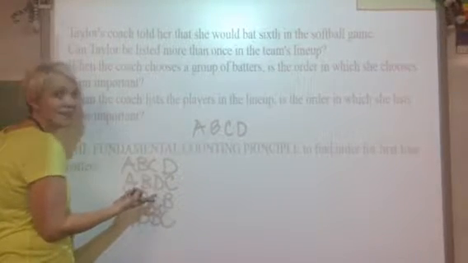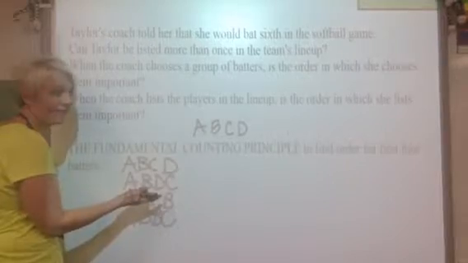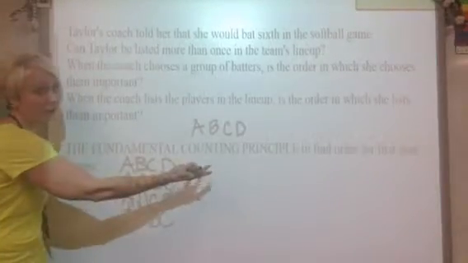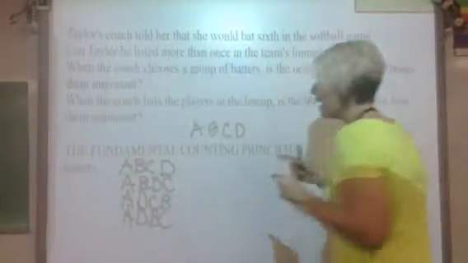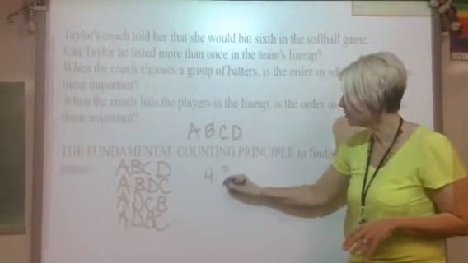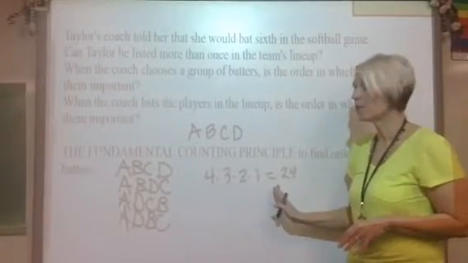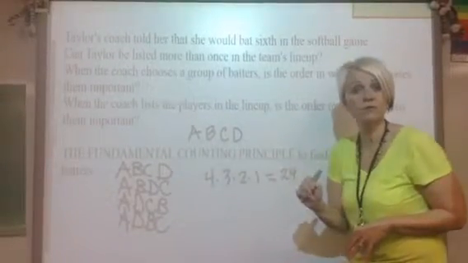Well, this is going to take a long time. In fact, there are going to be 24 total ways, and I would probably run out of room. There's a faster way to count, and that is with a factorial. If I take 4 times 3 times 2 times 1, that gives me 24, and that's how many outcomes there are for the first 4 slots.